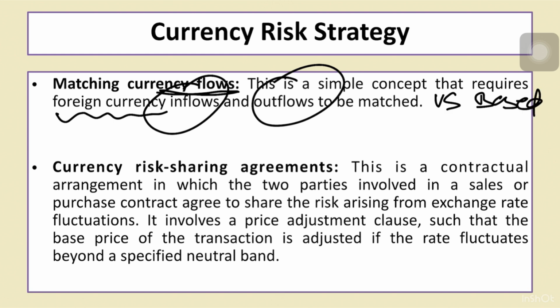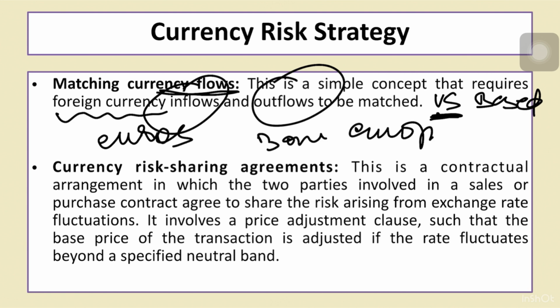Okay, it has significant inflows in euros, right? In euros. Now if this same company wants to raise its debt, it should consider borrowing in European currency only, right? This is the way it can manage its inflows and outflows.